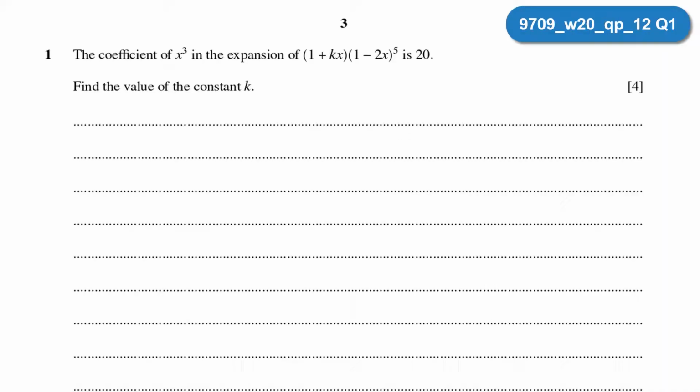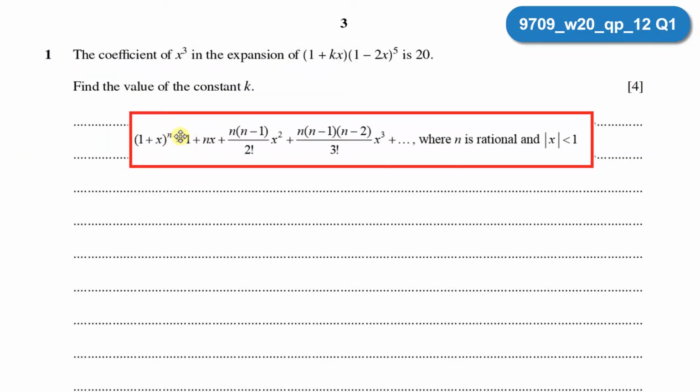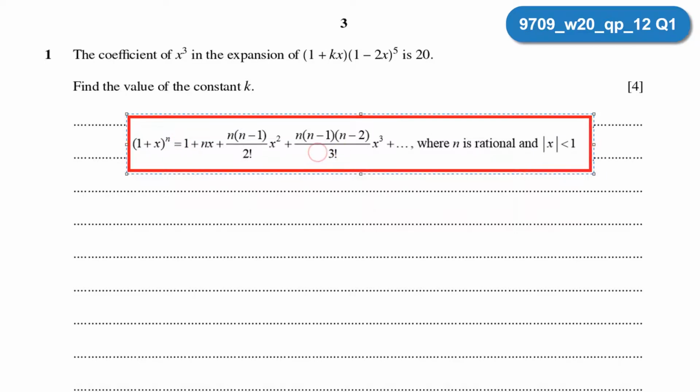The coefficient of x cubed in the expansion of 1 plus kx, bracket 1 minus 2x to the power of 5, is 20. Find the value of the constant k. So here we're going to be using the binomial expansion for 1 plus x to the power of n, taken from the list of formula.